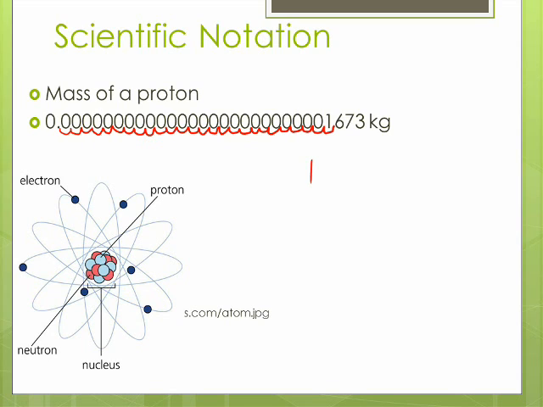So that's going to be 1.673 times 10 to the minus 26 kilograms for the mass of a proton. That's very light. Since we went to the right, we use a subtract sign. So if you go to the left, you use an addition sign. If you go to the right, you use a subtraction sign.